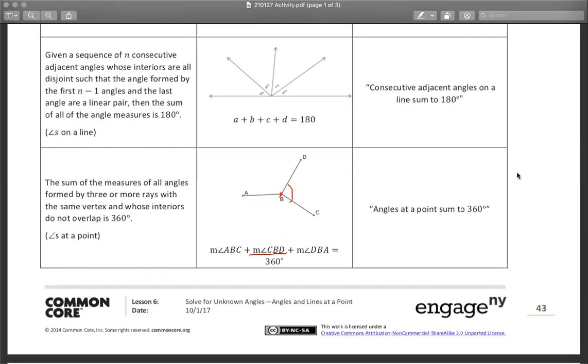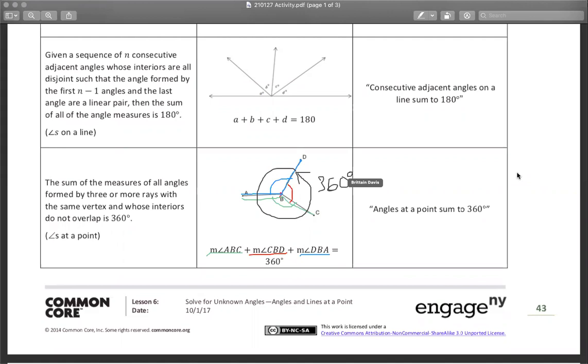Let me change colors as I go through this. This angle is DBA, and remember the way I name it is I start with D, come down to the vertex B, over to the other point A. So there's my angle. And then I've got angle ABC right here. When I add all these up, it forms 360 degrees.